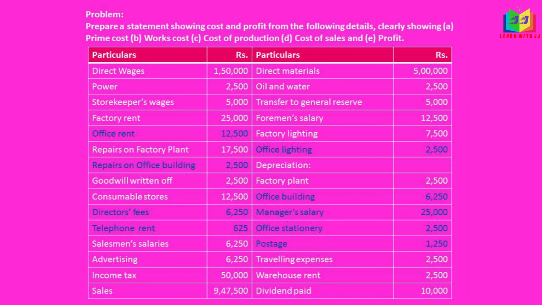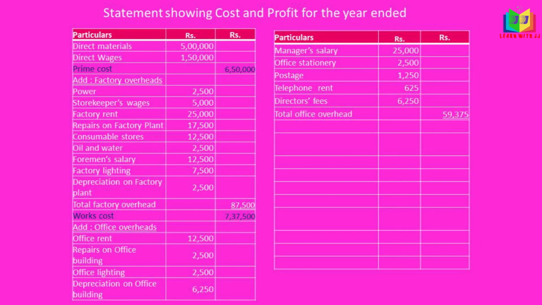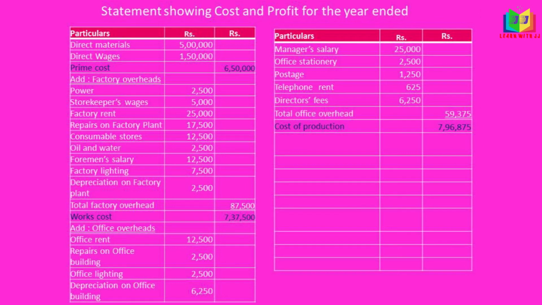All this will come under office overhead. So I'll write all this, and the total of this office overhead is 59,375.